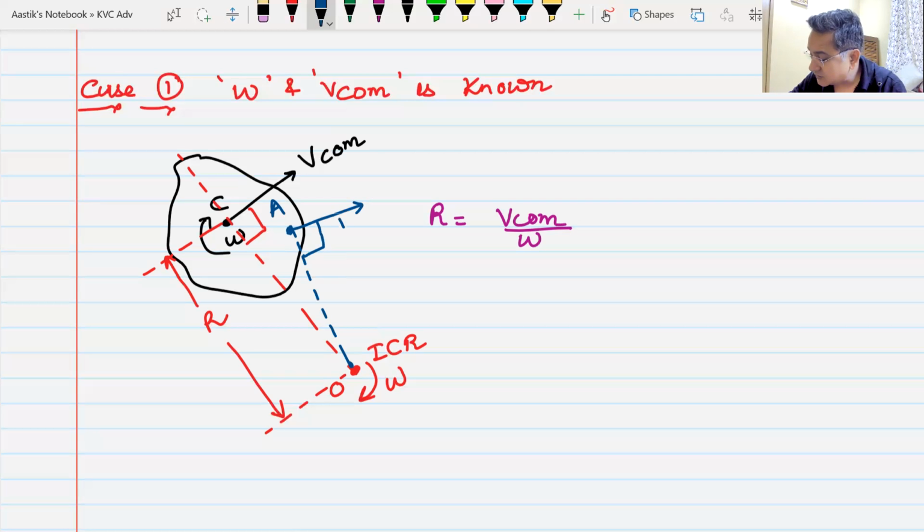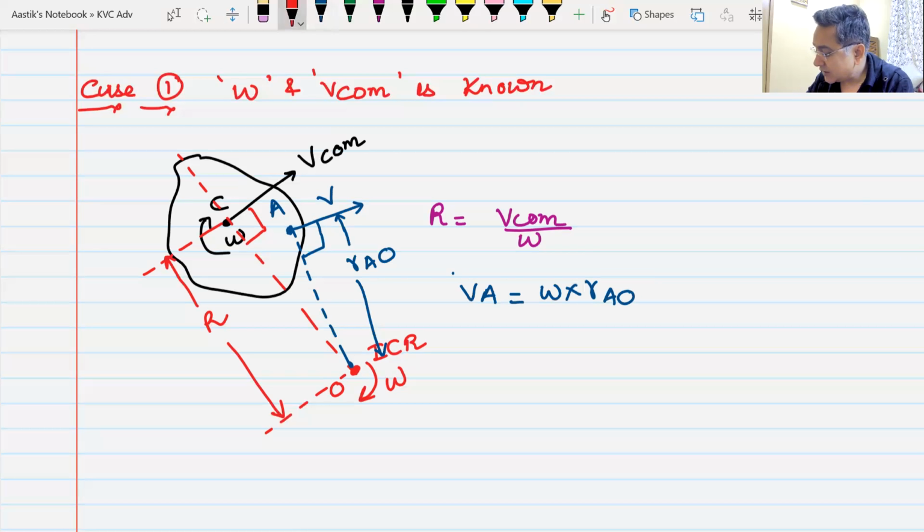So if I call this distance the distance of A with respect to O, which is your instantaneous center of rotation, and this will be the velocity, I can write the velocity of point A will be equal to omega multiplied by the distance of A from O. That is how you can find it out.